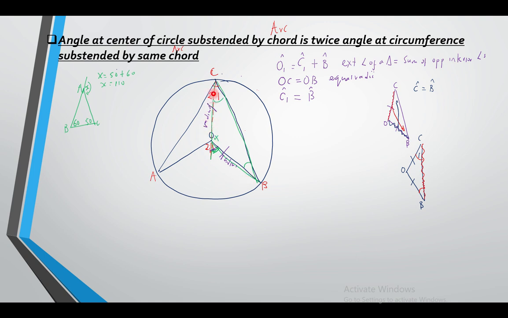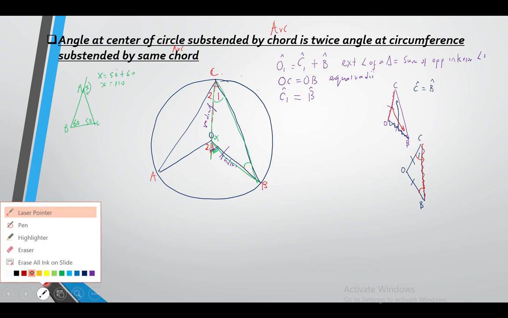Leave these two sides that are equal. Leave OC and OB. Go to the third side of the triangle, which is side CB. Now, the angles that are lying on the side CB are equal. Which angles? It's C1 and angle B. These two angles, C1 and angle B, are equal.